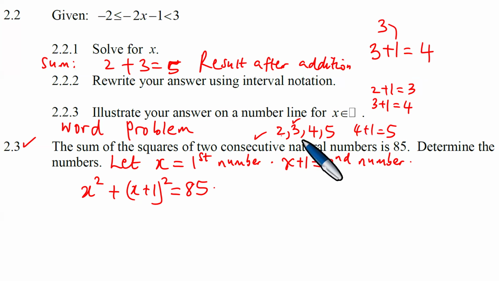So if one natural number is 3, the next one is 4. So if we start with x, where x is a general number, to get the next one after x you must add 1, so it becomes x plus 1.